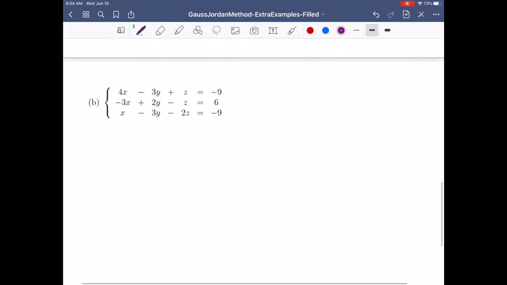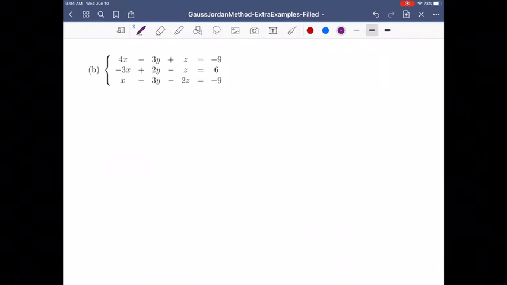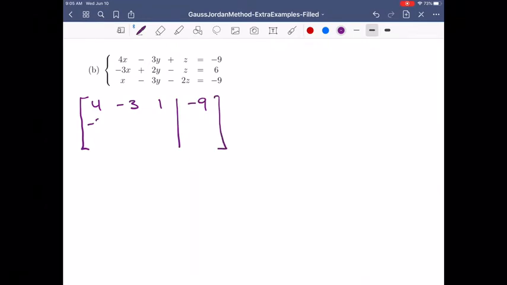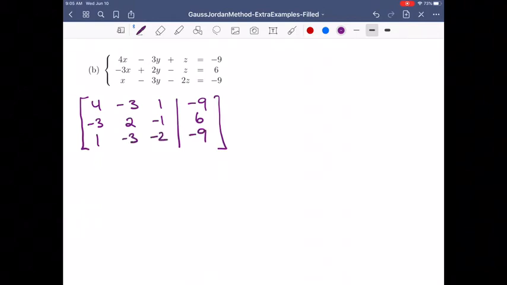Okay, one more. So here's my matrix. So let's put it into the matrix. Okay, so again, because I want this 1 up there, I'm going to switch the rows.